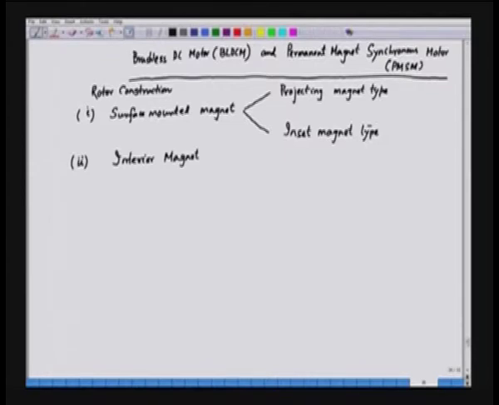Let us see the structure of the surface mounted rotor. So, we have the rotor here, and it is a 4-pole structure. The magnets are mounted on the surface, like this.